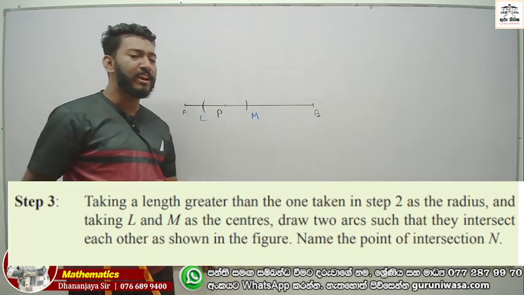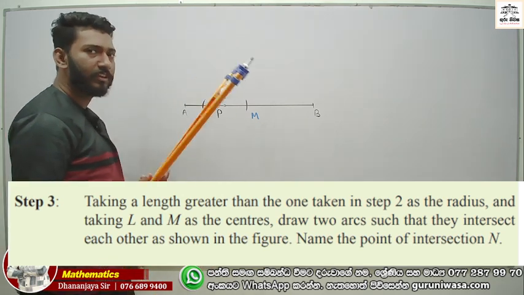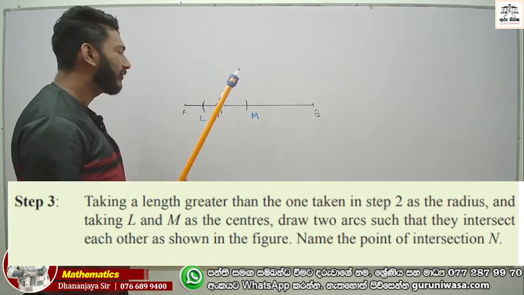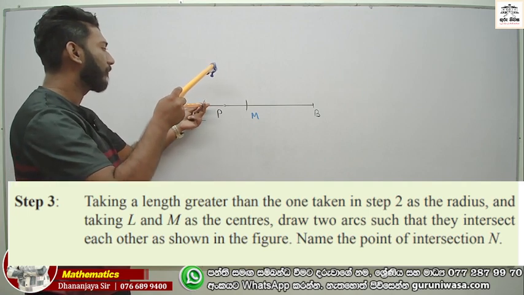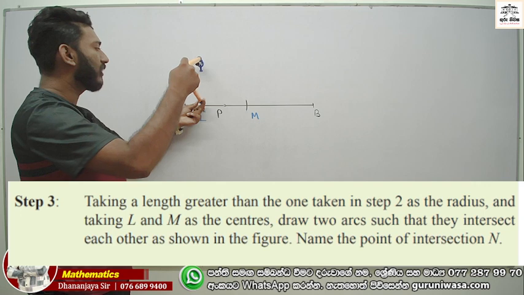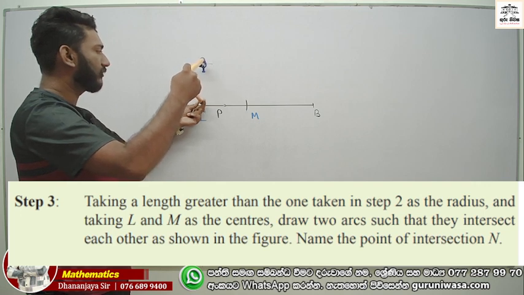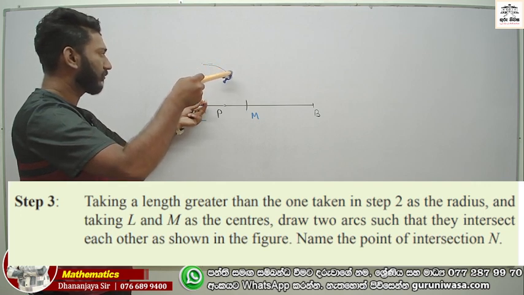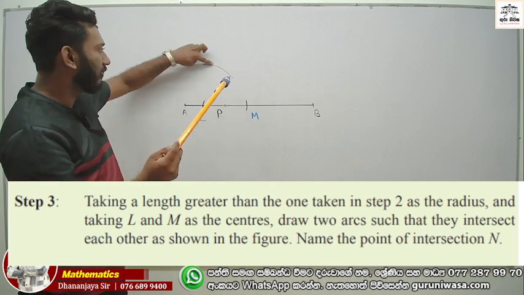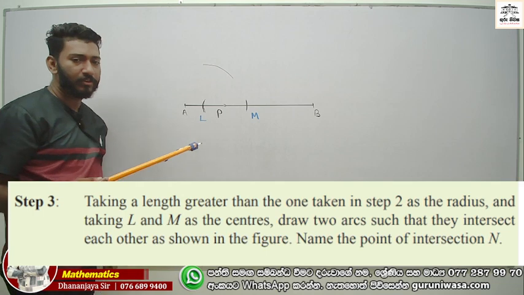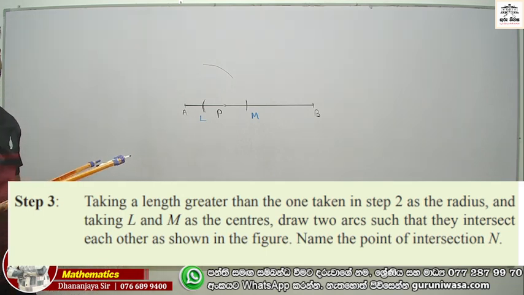And taking L and M as centers, place the compass at L and draw the arc like this. Draw the arcs that intersect each other as shown in the figure, right?